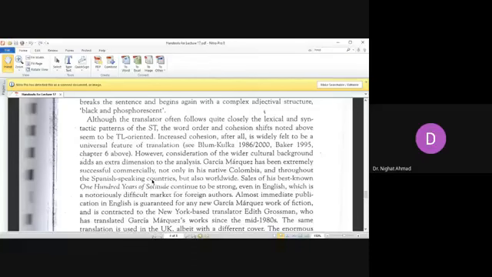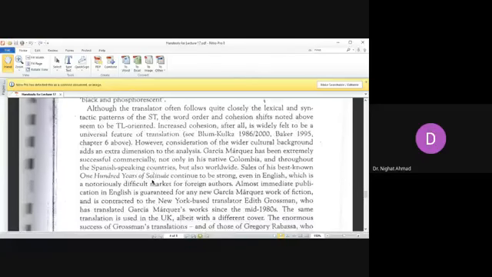That was not the case with his work, in particular One Hundred Years of Solitude. Almost immediate publication in English is guaranteed for any of Garcia Marquez's new works of fiction. It's contracted to New York-based translator Edith Grossman, who has translated his work since the 1980s.